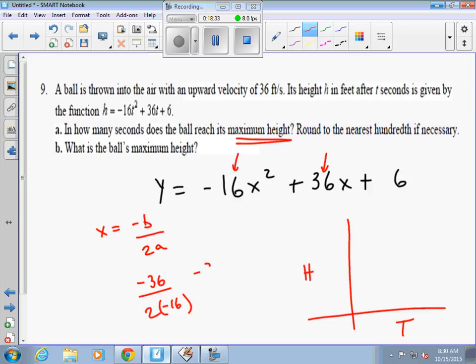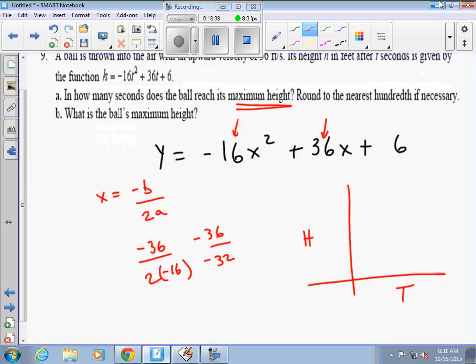So -36 over 2 times -16 is -32. A negative divided by a negative is a positive. The number 4 goes into this one 9 times and into this one 8 times. So your x value is 9 over 8, or 1 1/8 seconds.